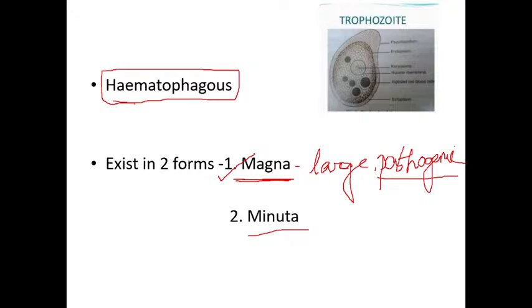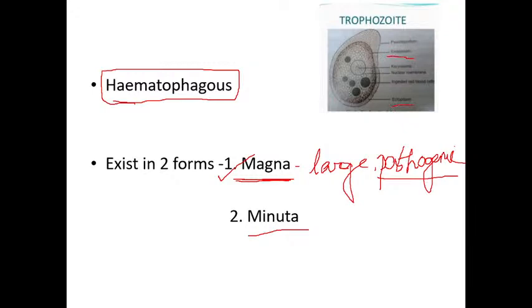ഇനി എങ്ങനെയാണ് പാത്തോജനിക് ആകുന്നത്? ഈ ട്രോഫോസോയിറ്റിന്റെ ബോഡിയിൽ നിന്ന് ഒരു പ്രോട്ടീൻ ഡൈജസ്റ്റിംഗ് എൻസൈം പ്രൊഡ്യൂസ് ചെയ്യുന്നു. That enzyme will digest the mucous membrane and liberate the blood, and the trophozoite will feed on these blood cells. And in this picture you can see this is the trophozoite, outer clear ectoplasm you can see here, and the endoplasm is dense and granular.